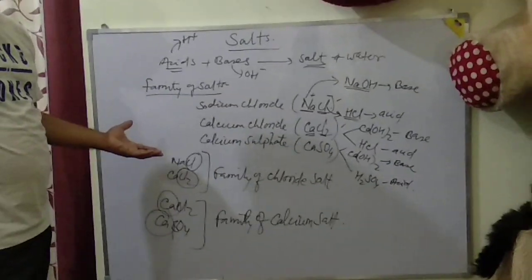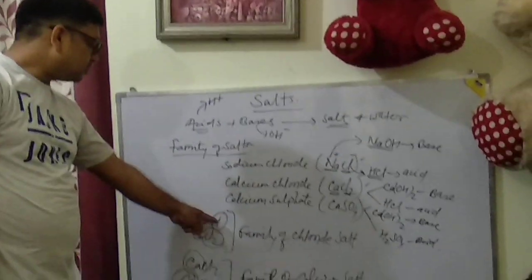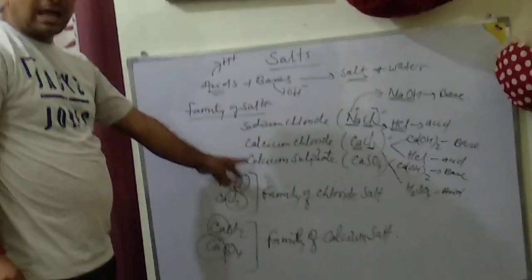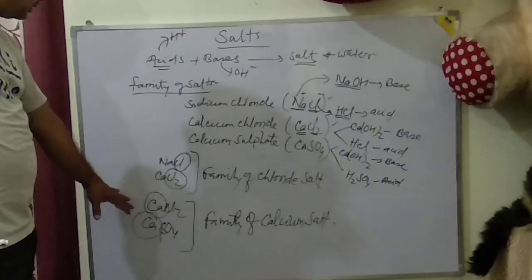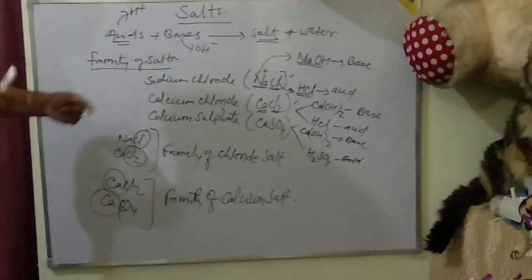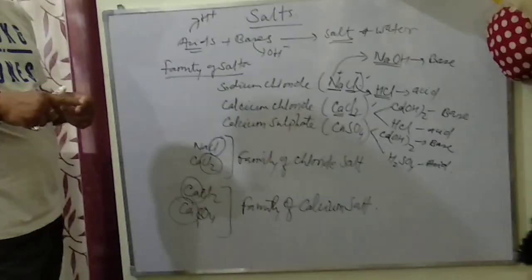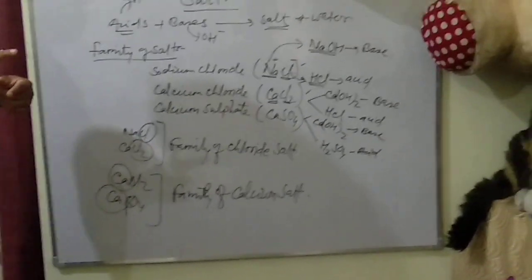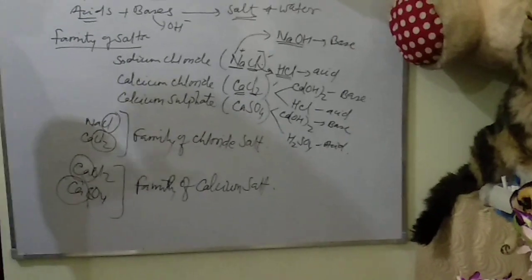So in this way, what is the family of salts? If in the salts either negative ions are common or positive ions are common, the ion which is common, we say the salts are of the family of those ions.